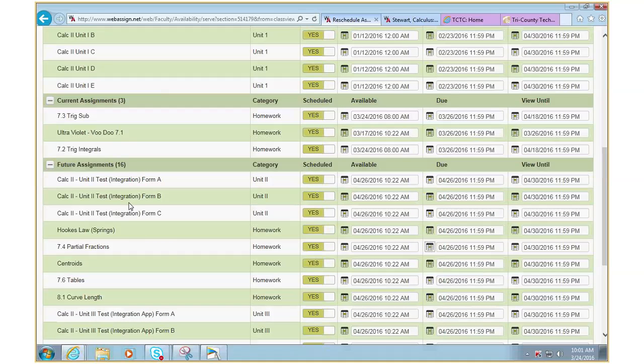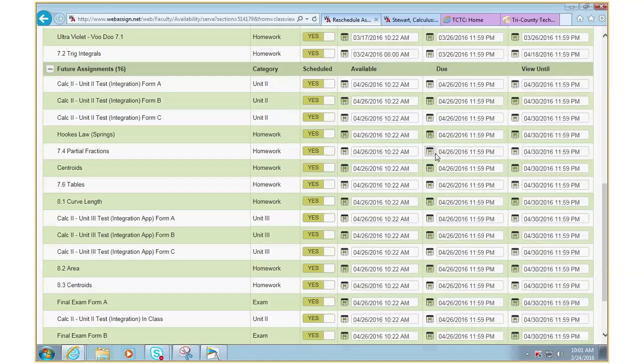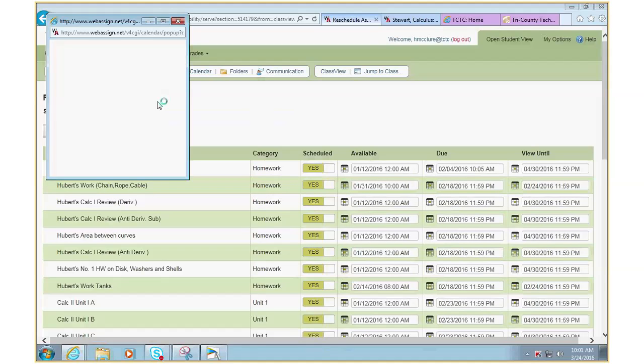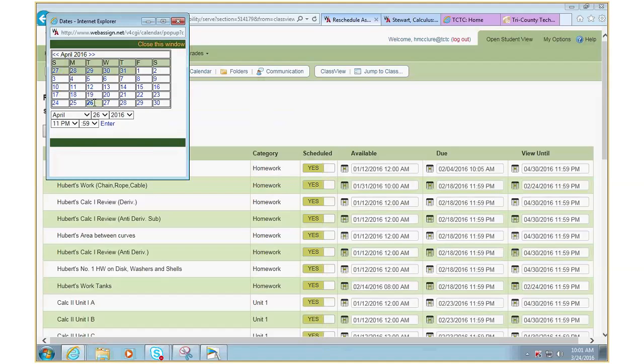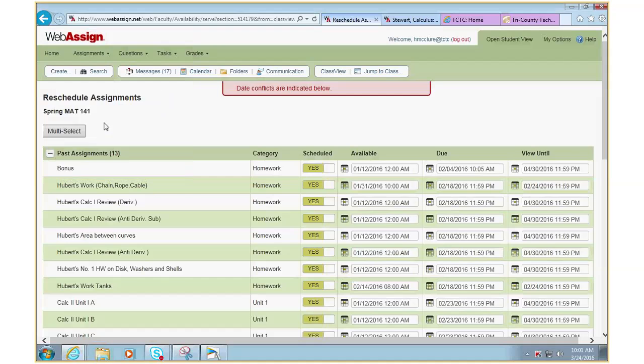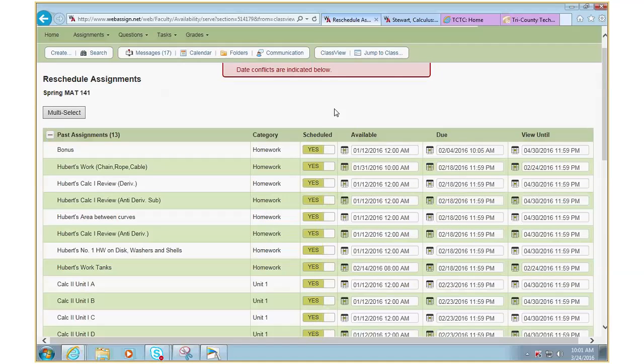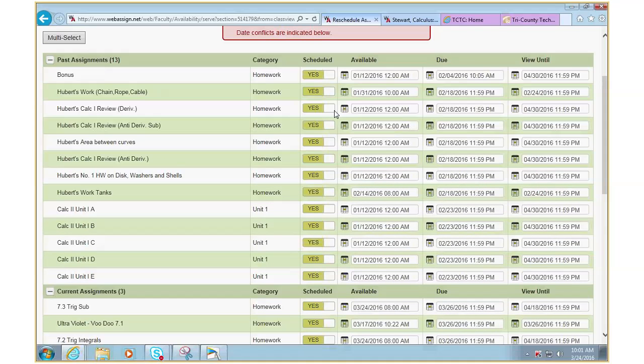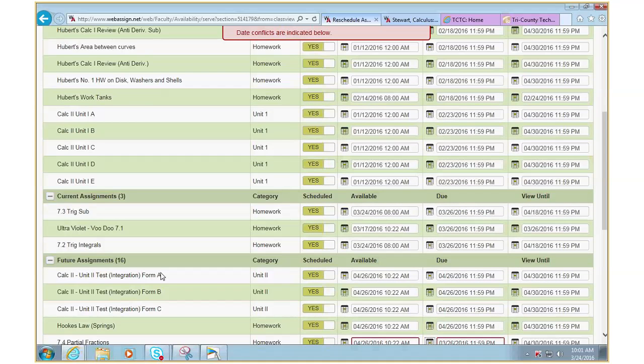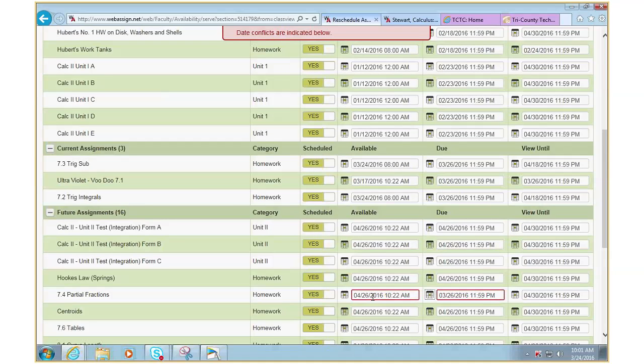Partial fractions. 326. Is this April? That's 4, so I need to go back 1. I've got to change the stupid view. What are your other ones?